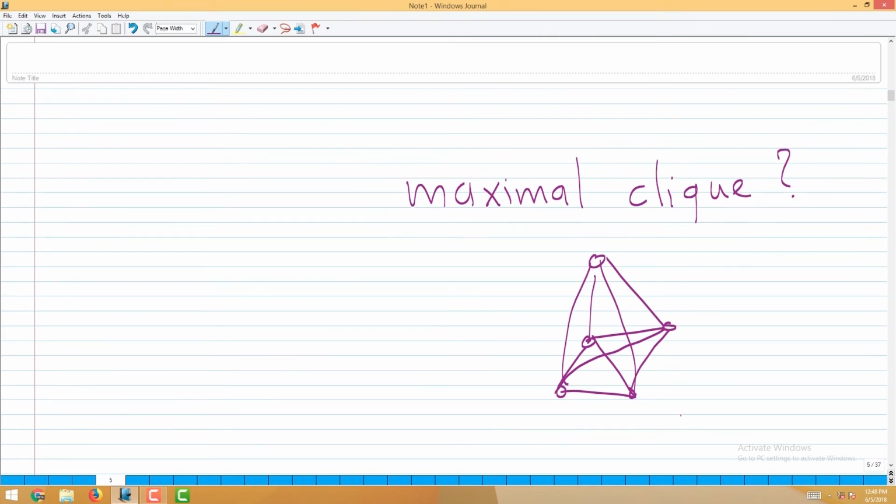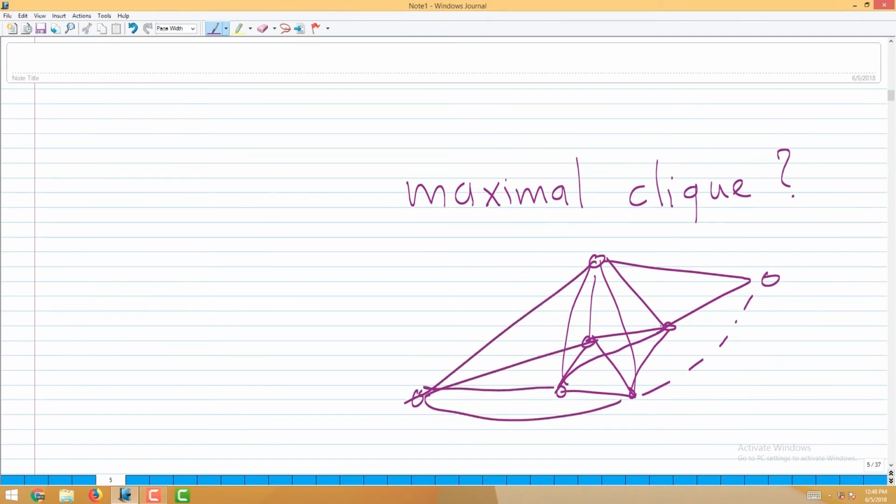That means you cannot make it bigger by adding a new one, because if I take any other vertex, it may be connected to this and this, but it may not be connected to this, right. So there won't be a new vertex which can be added to it such that the new graph is again a clique.